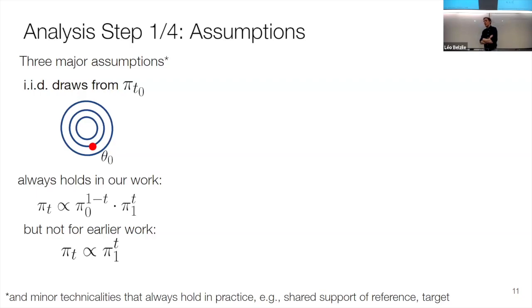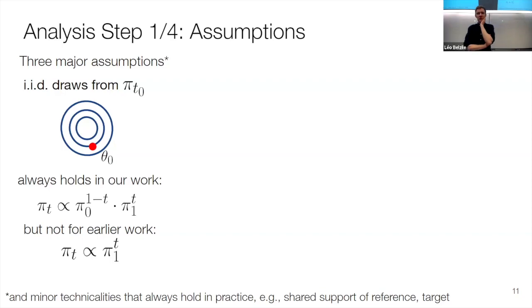And actually, in other work by Nikola, we optimize it, so we try to pick the best reference within a tractable family. I will say this makes sense because of the path that we use, pi naught to the power 1 minus t, pi 1 to the t. When you evaluate at t equals 0, you just get back pi naught, right? You need the beginning of the path to give you good draws.